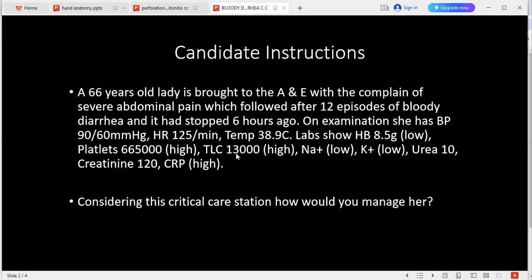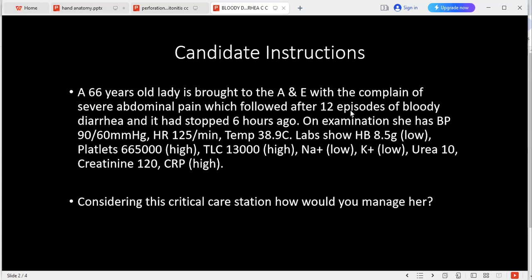Considering the age, it could even be diverticular disease, diverticulitis, in the elderly. Can you please explain why the patient has low sodium and low potassium levels? What might be the reason behind it? It is because of the loss of blood and the loose stools, the diarrhea. Good.